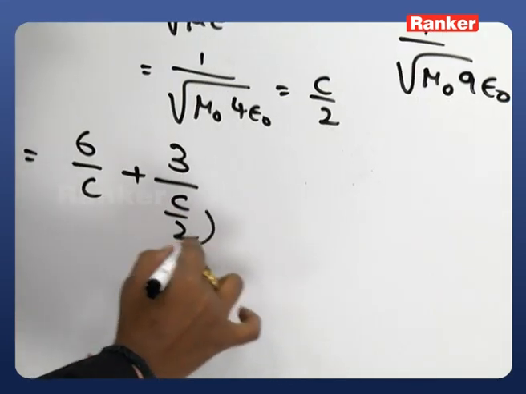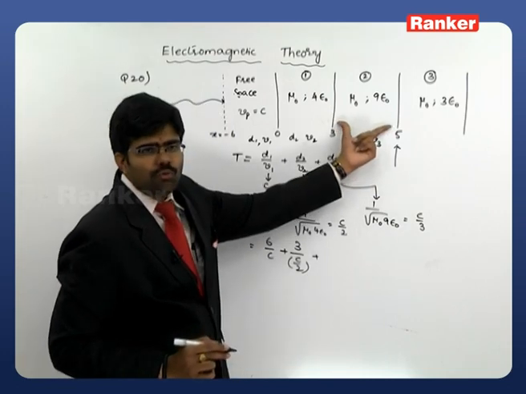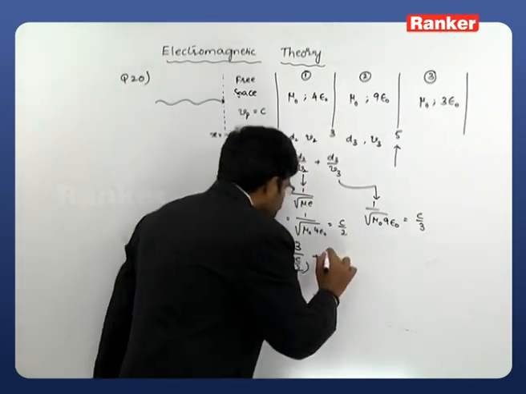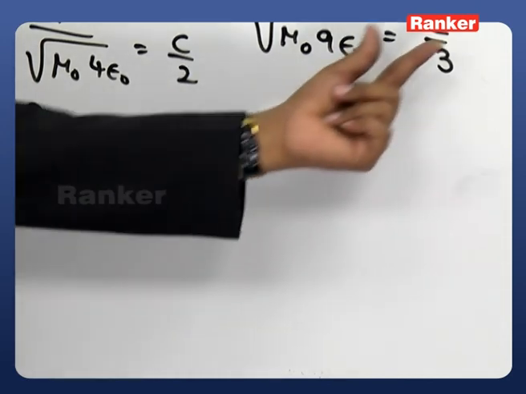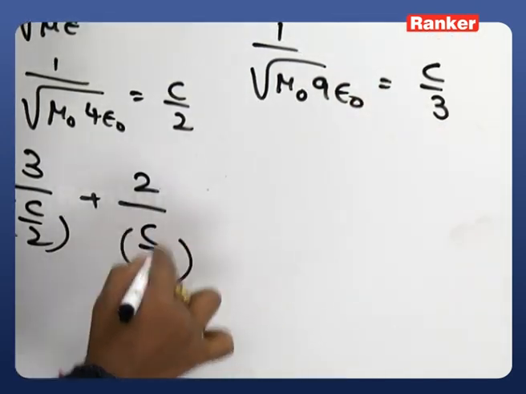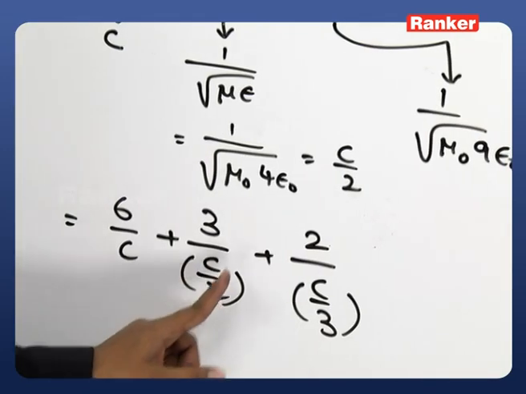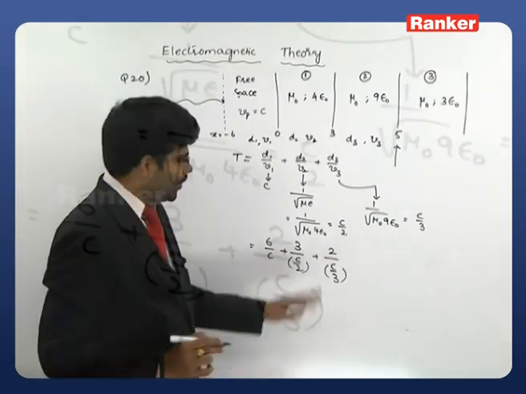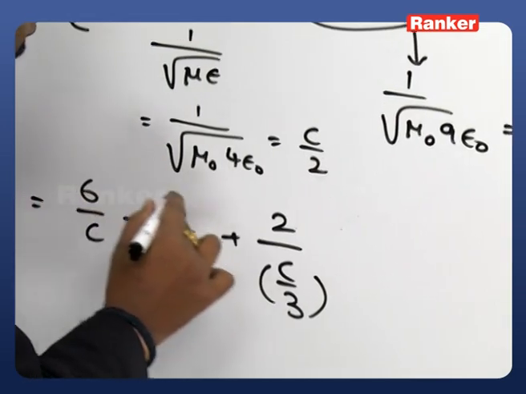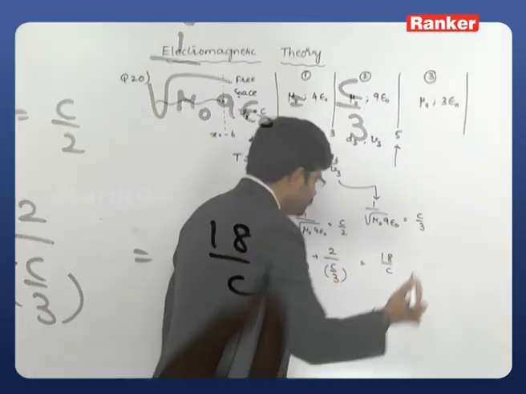Plus the third distance from 3 to 5, which is just 2 meters divided by the velocity c by 3. So 6 by c plus 3 divided by c by 2 plus 2 divided by c by 3, which is equal to 6 plus 6 plus 6, 18 divided by c.